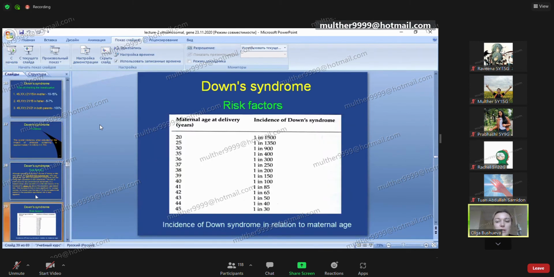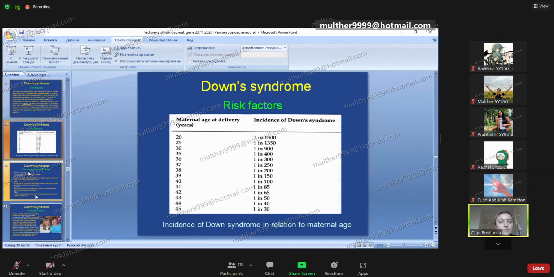And on this slide, you can see the correlation between maternal age and incidence of Down syndrome. You can see, for example, at 20 years old, the incidence will be 1 in 1,500, and for example, at 45 years old, 1 in 30.